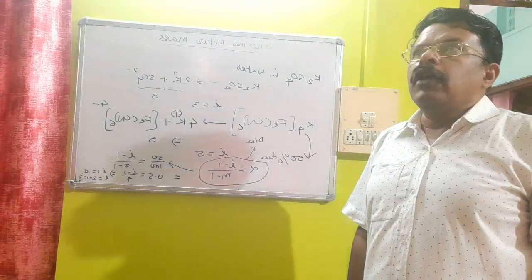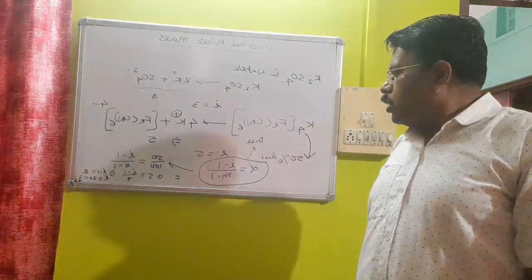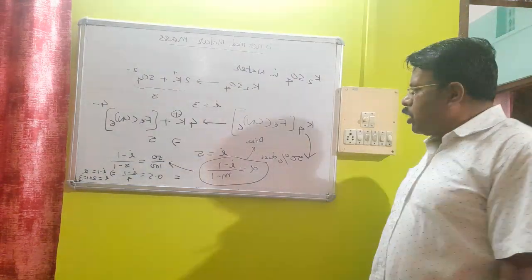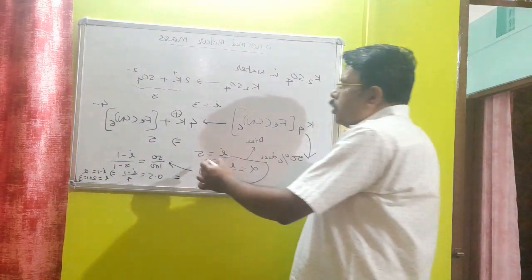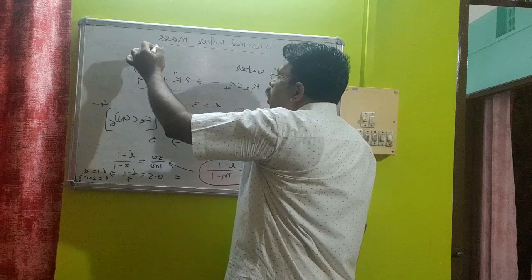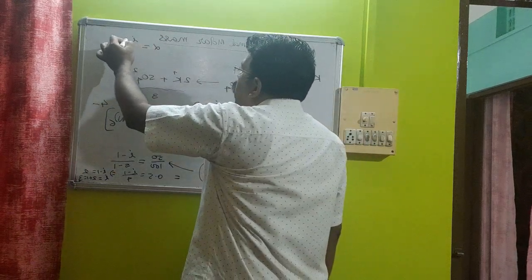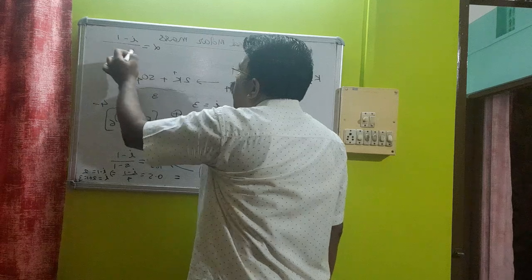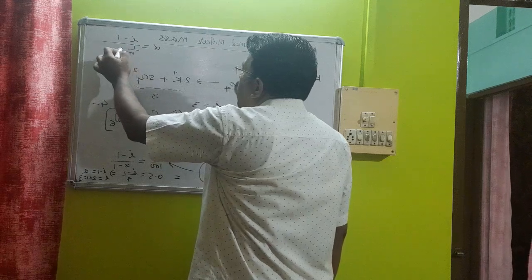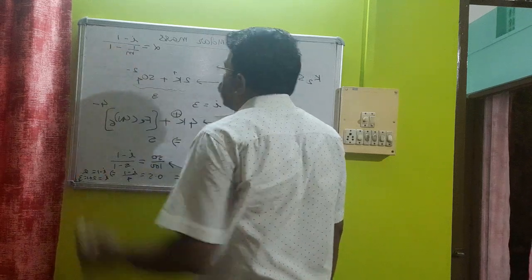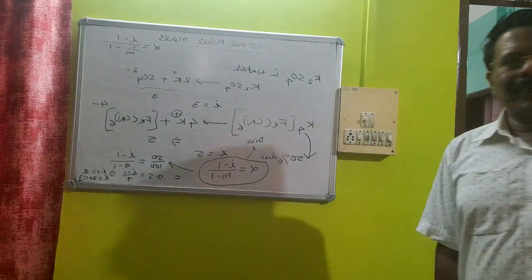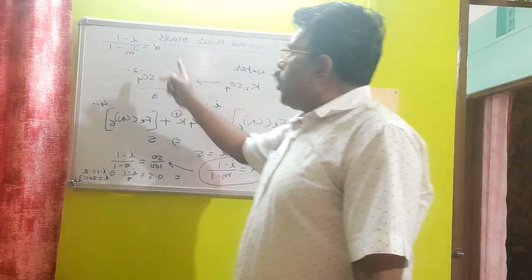And if it is said in the question that association is taking place, then you should use this relation: alpha is equal to i minus 1 divided by 1 by m minus 1.